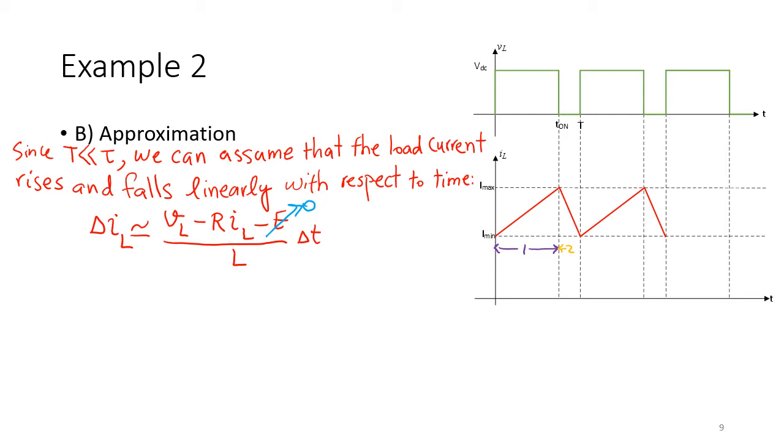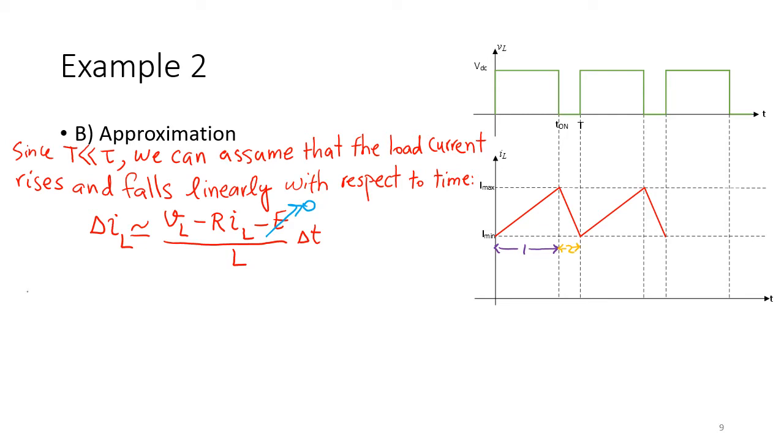If you remember, the load was simply a resistance and inductance. If it was a motor, it wasn't an MRI, then you have the back EMF. So you can use either interval to find the current ripples. Let's do both of them for the sake of completeness, but in most cases you just need to do one of them.